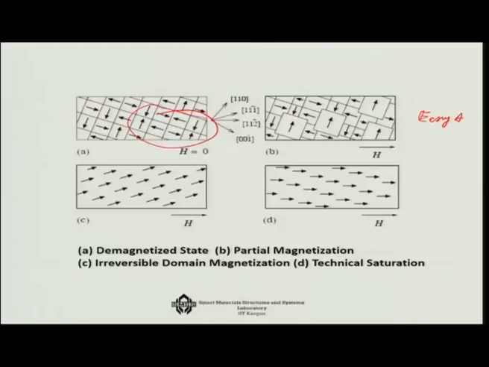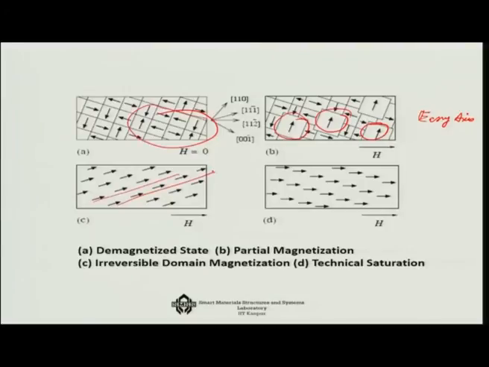So if my magnetization favors the easy axis, then the grains will be growing along the easy axis as it has grown in these cases. And then even further, if you increase this magnetic field intensity, what you will see is that all the magnetic dipoles got very nicely aligned.